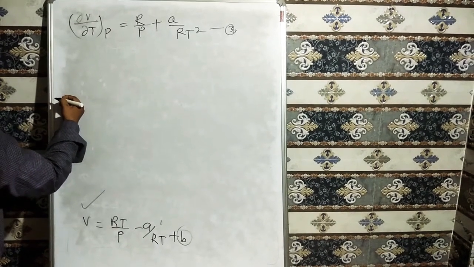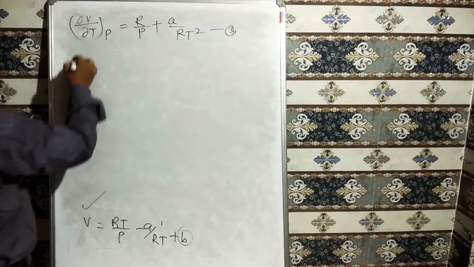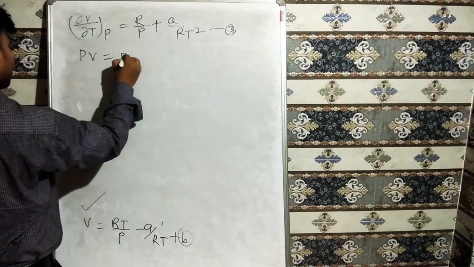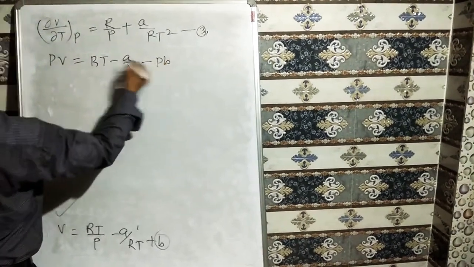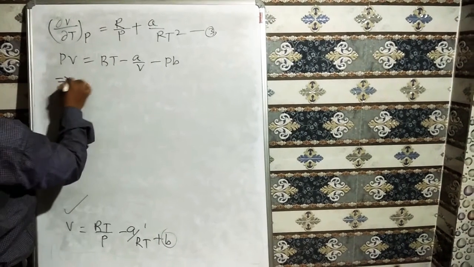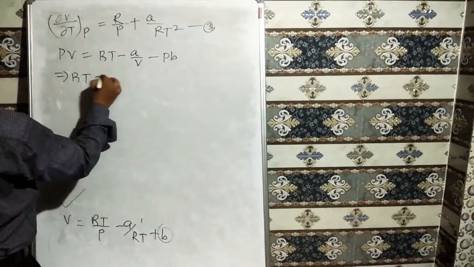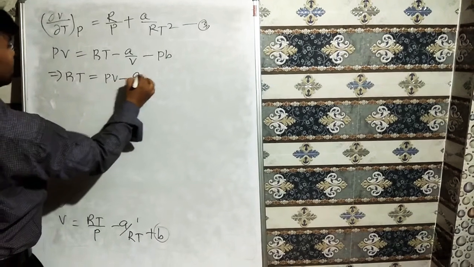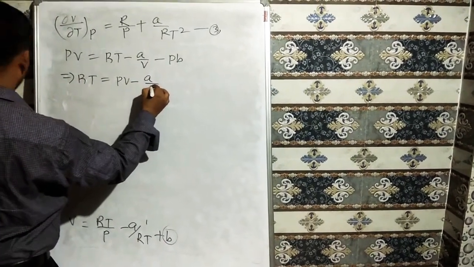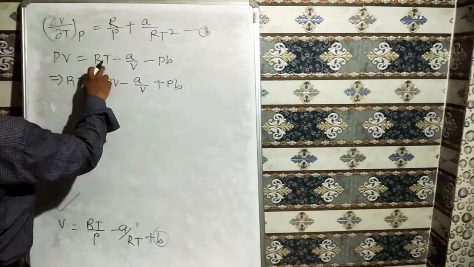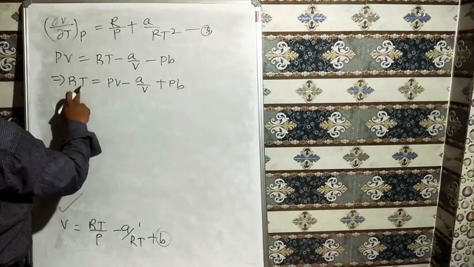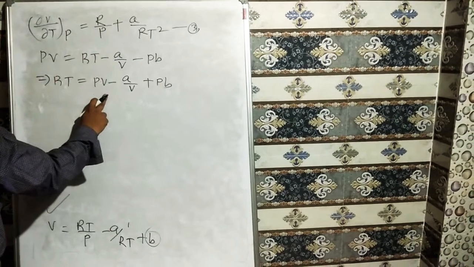Now rearranging the above expression, that is PV equal to RT minus A by V minus PB. Now rearrange this expression, we get RT is equal to PV minus A by V plus PB.